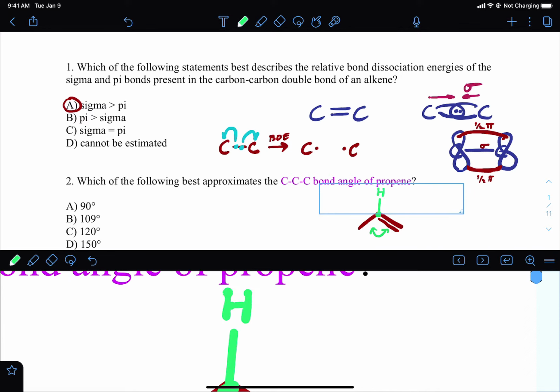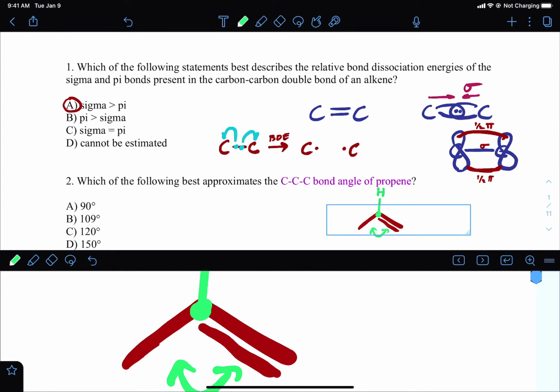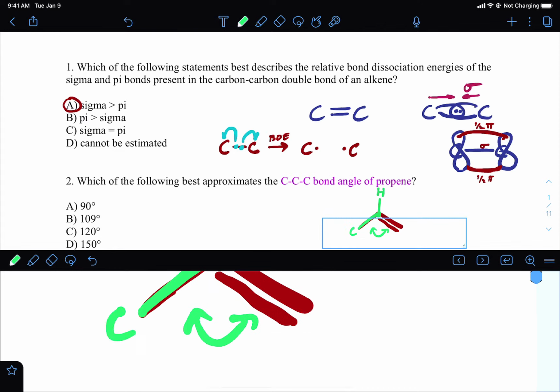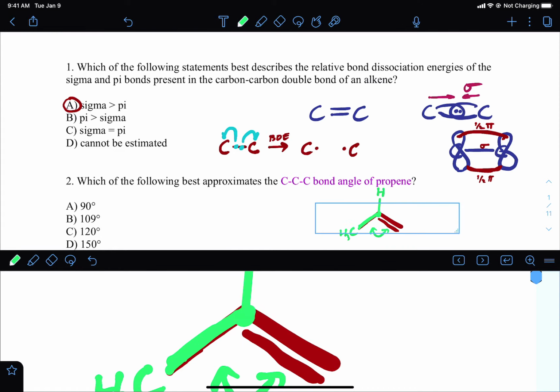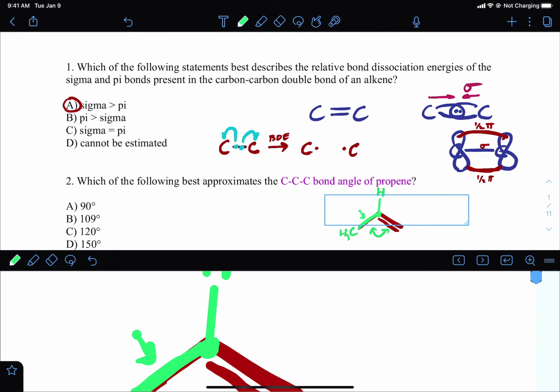An electron domain is some region in space around an atom where there is electron density. Around this central carbon, there are 3 electron domains. There's the electron domain to the methyl group, that's 1 electron domain. The bond to the H is another electron domain.